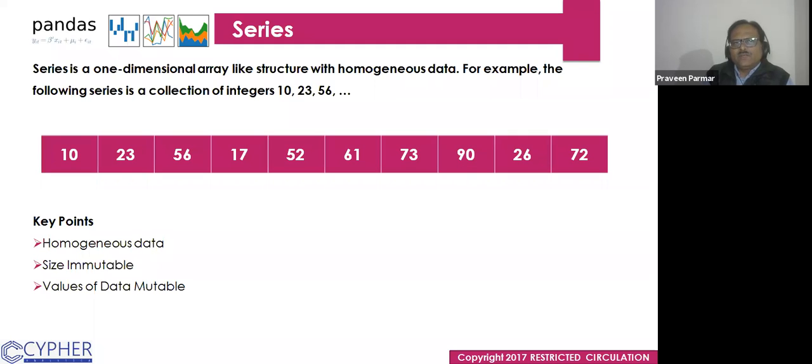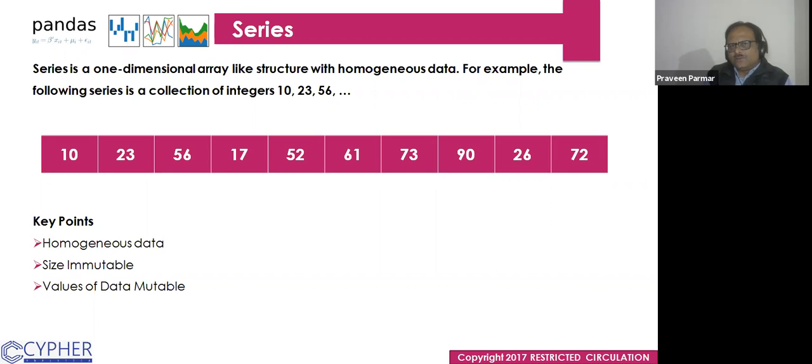So series is a one dimensional array-like structure with homogeneous data. For example, the following series is a collection of integers 10, 23, 56, 17. You see there is homogeneous data, the integer, size immutable. We could not decrease the size, and values of data are mutable.